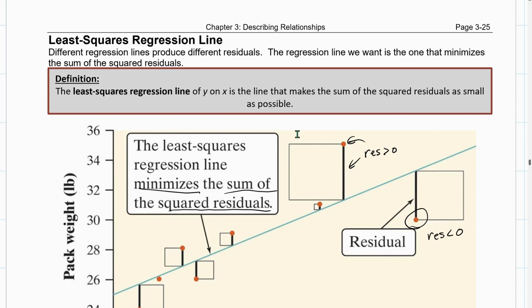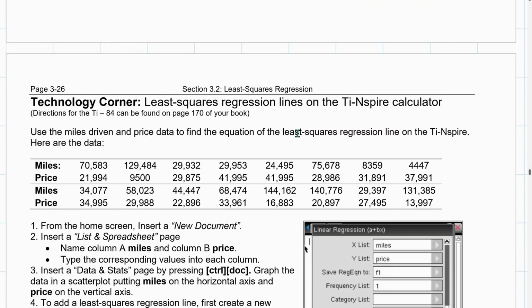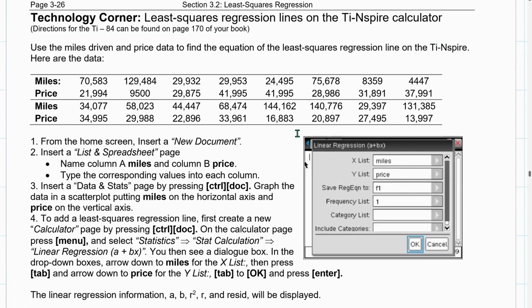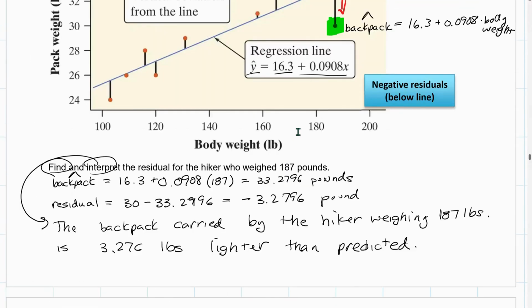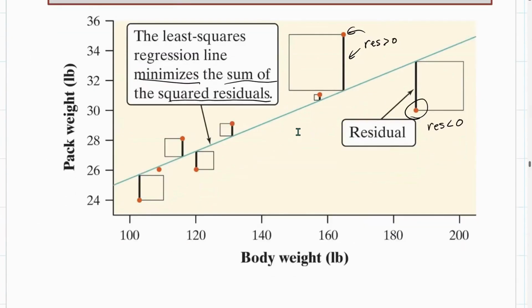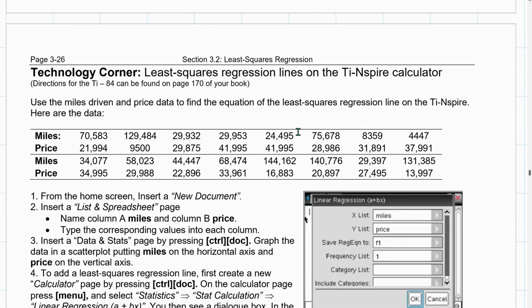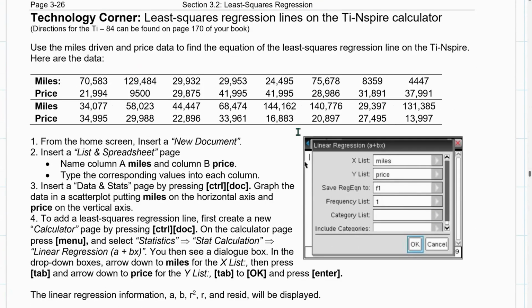We are now going to see how to use the TI Nspire calculator in order to find the least squares regression line. Now, in the previous example, we had body weight and backpack weight, but in this example, we're going to look at the truck data from the previous lecture.